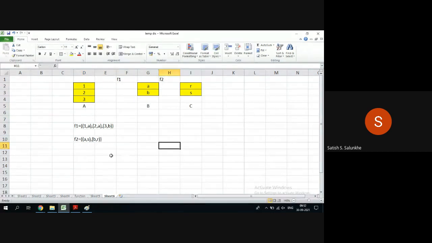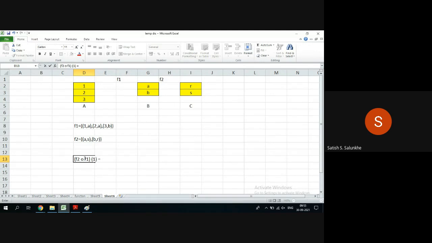So now what we need to find out is f2 composition f1, and the element is 1. How will we get this?